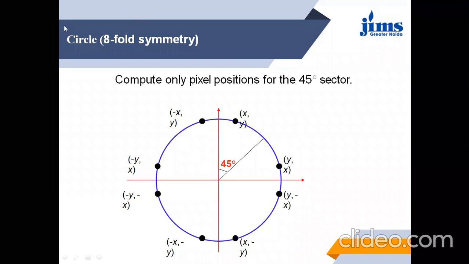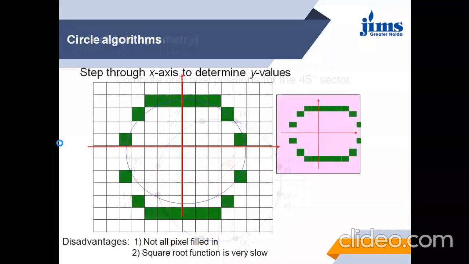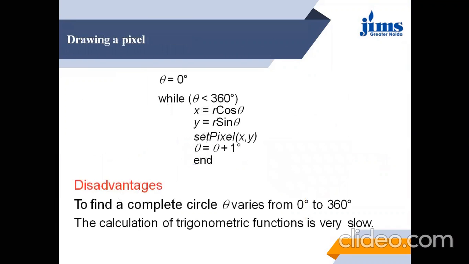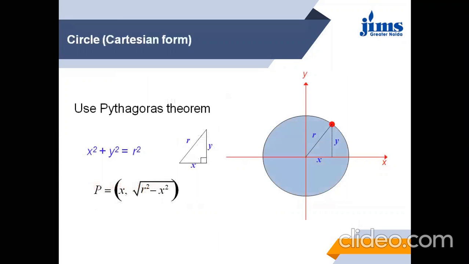It means we have to find the values only in half of a quadrant. So we discussed the circle equation. From here we know that this is the equation of a circle. x and y are any two points.